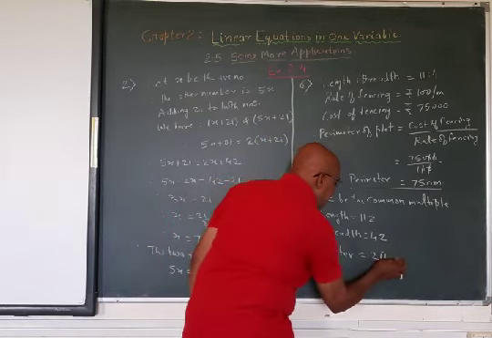Therefore, present age of grandfather equal to... now he is also 54 years older than her. So it will be S plus 54 years.